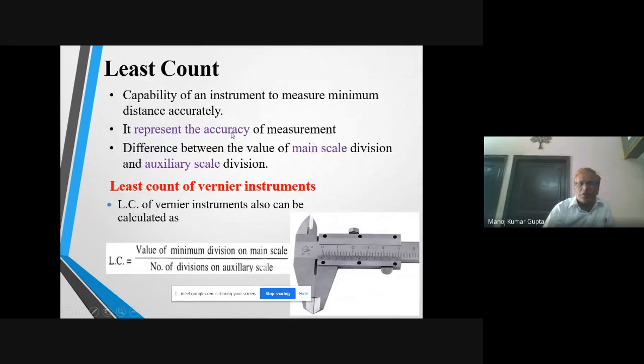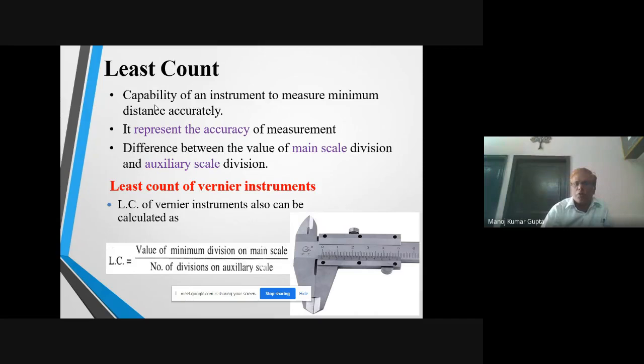Now next comes least count. In case of vernier caliper or micrometer, we have to calculate the least count, then we can take the measurement. So what is least count? Least count is capability of an instrument to measure minimum distance.